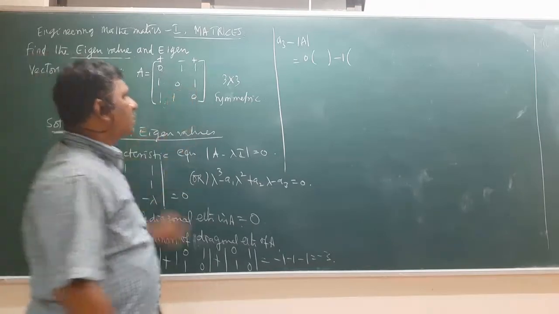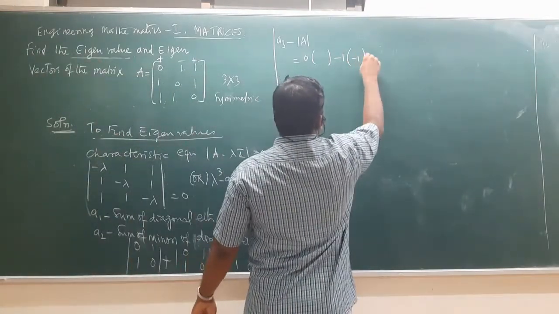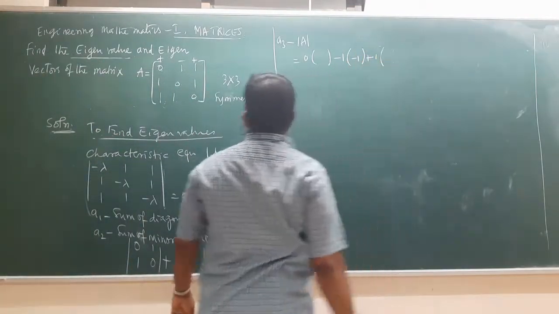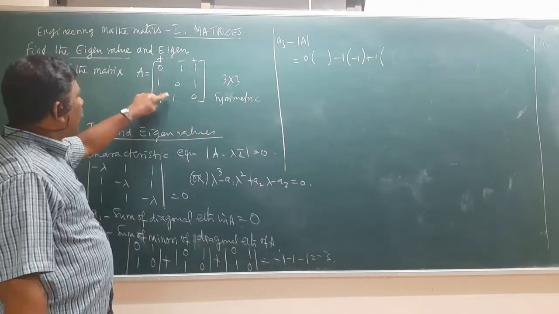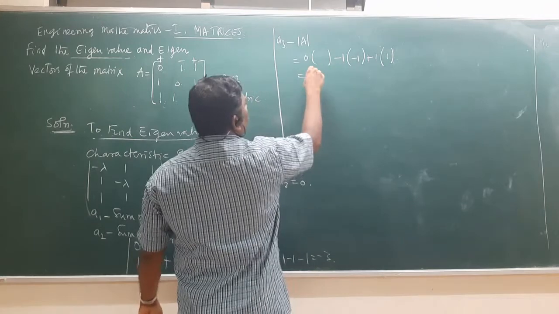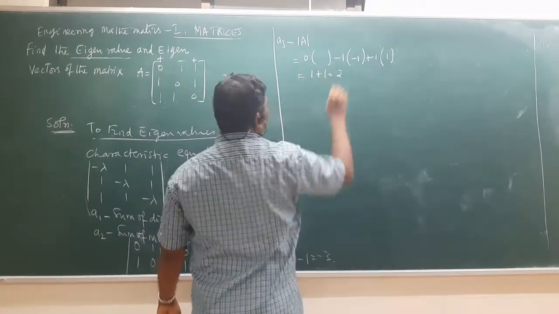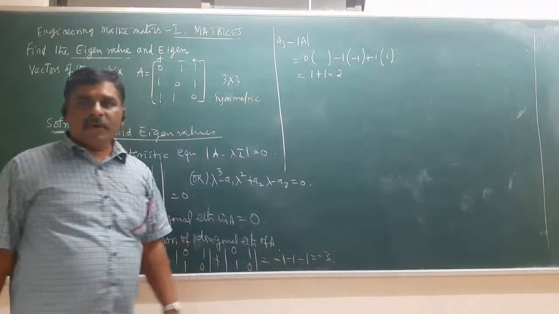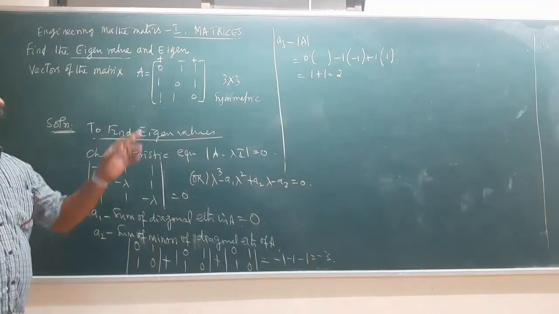So minus 1, plus 1 into 1. So 1 plus 1 equal to 2. So you have found the a1, a2, a3 values.